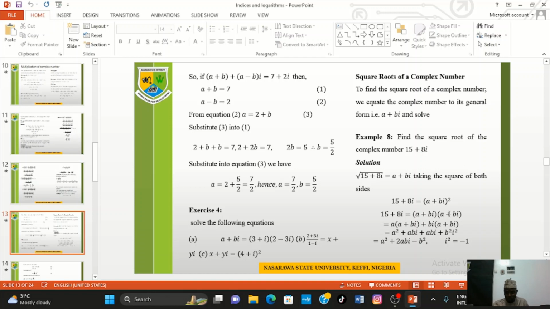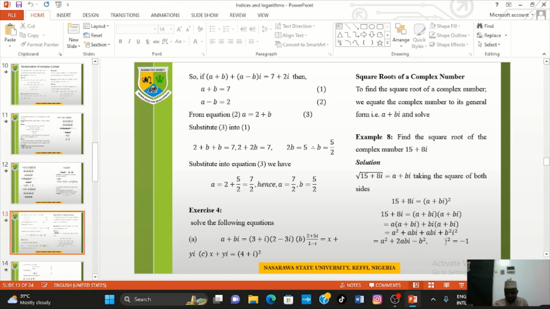So you open this by expansion. When you expand this, we now have a squared plus 2abi minus b squared, as it is b squared i squared.